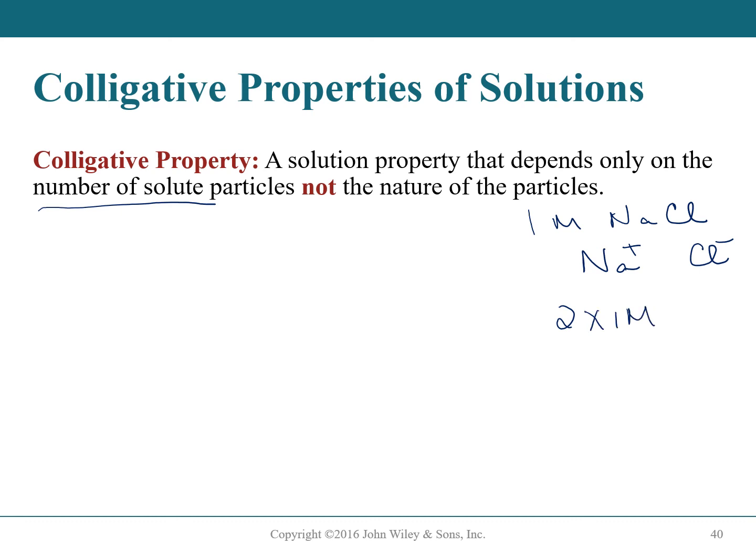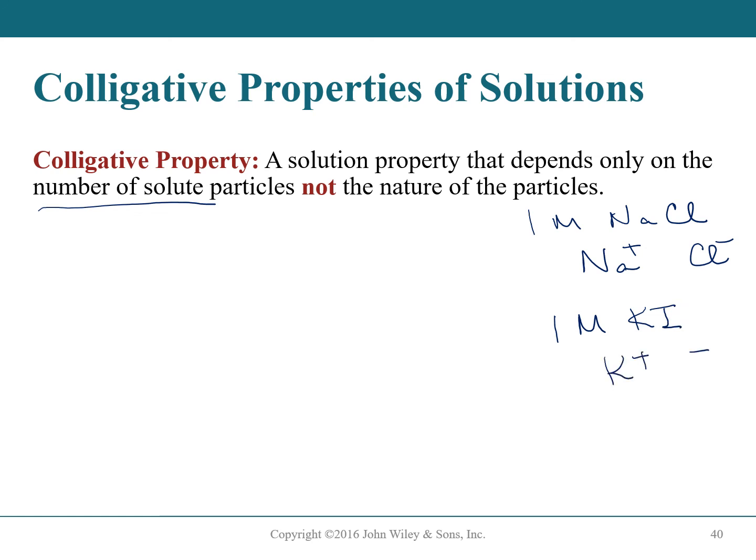The total number of particles will be 2 molar. Now what happens if I had 1 molar, let's say, potassium iodide? Well, it's the same thing.